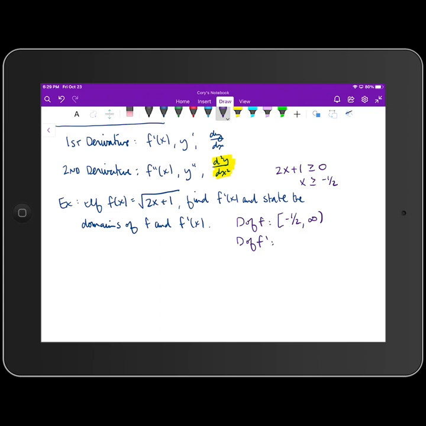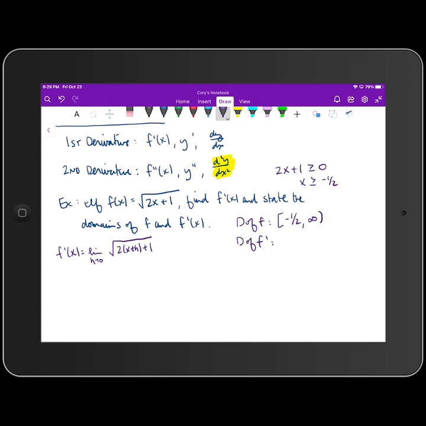So if we want to find f prime, we're going to do like what we did in the first part of the lesson. So we're going to take the limit as h goes to 0 of the difference quotient. So that's f of x plus h. So when I plug x plus h in the place of x, that's going to be 2 times the quantity x plus h plus 1.